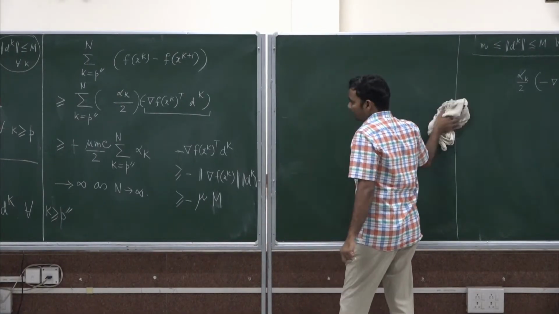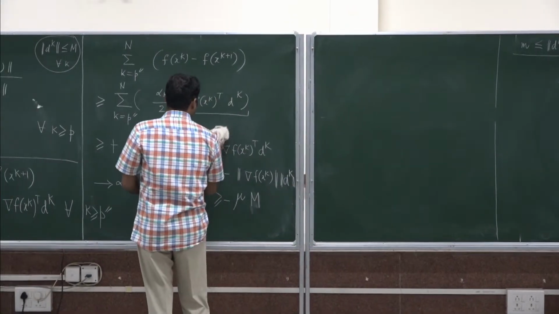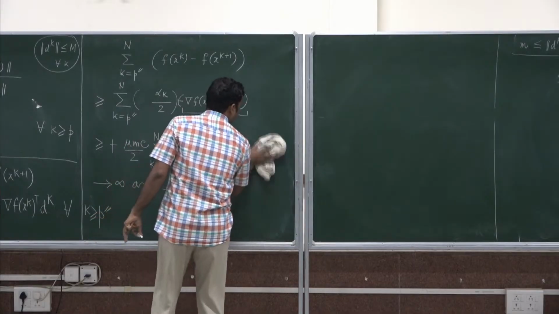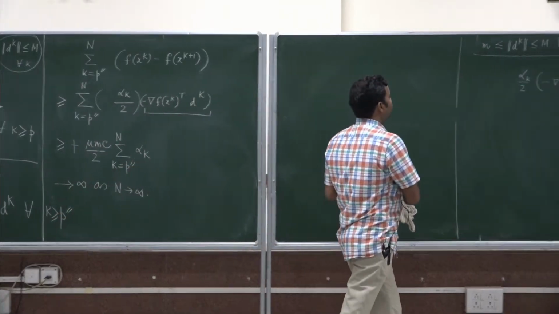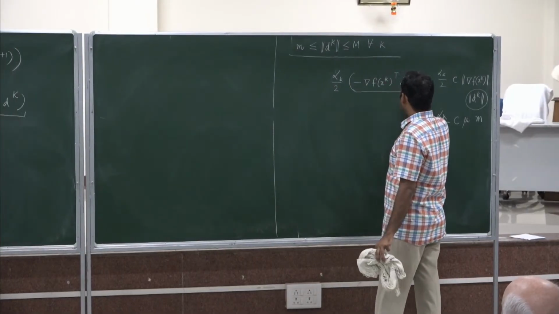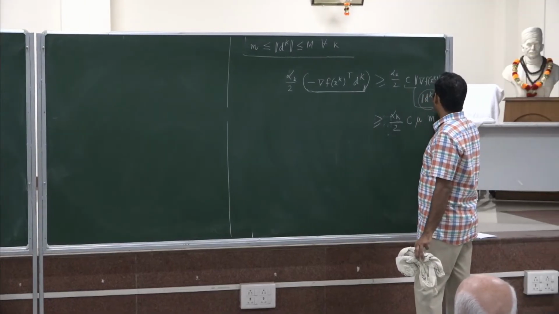Instead of this Cauchy Schwarz inequality, we are employing the angle condition. From this underlined portion, the angle condition is greater than or equal to c times this portion, right?